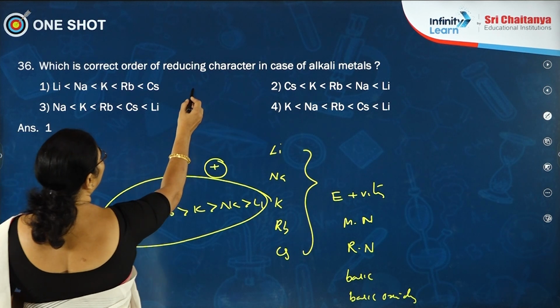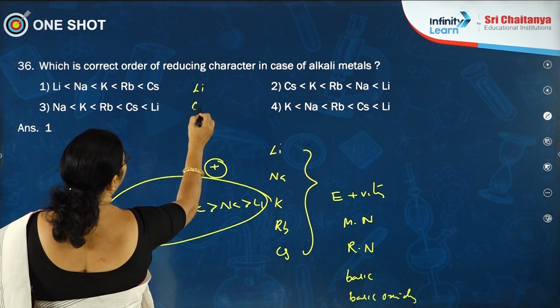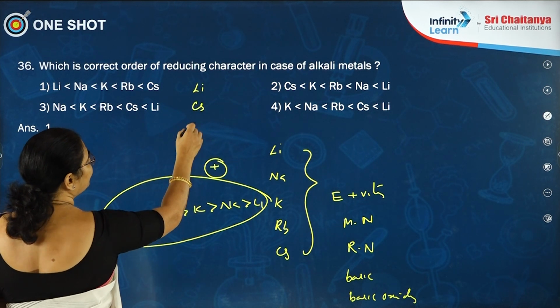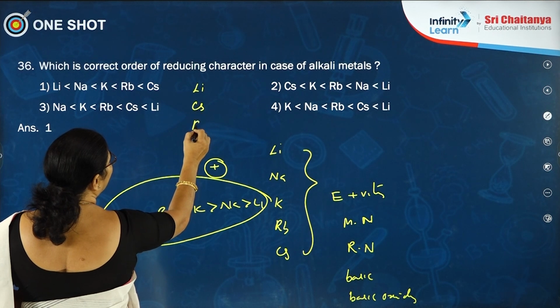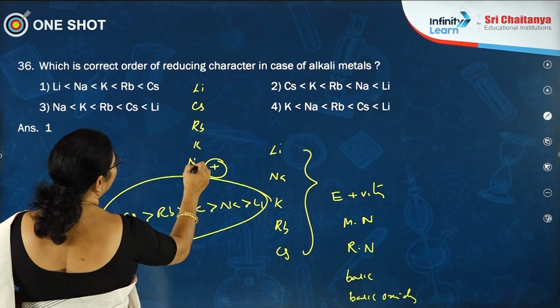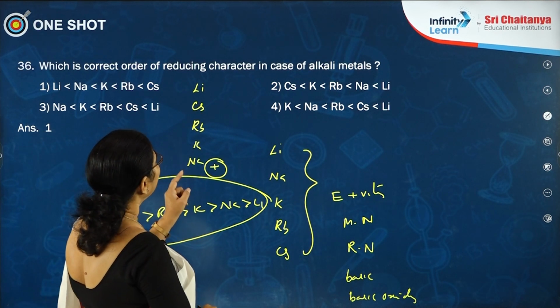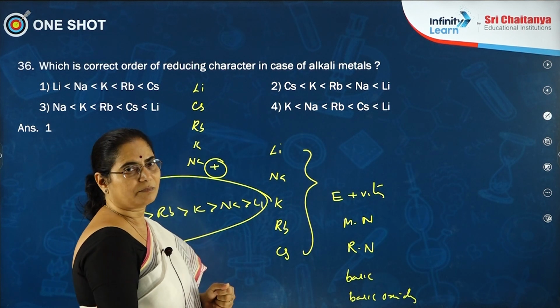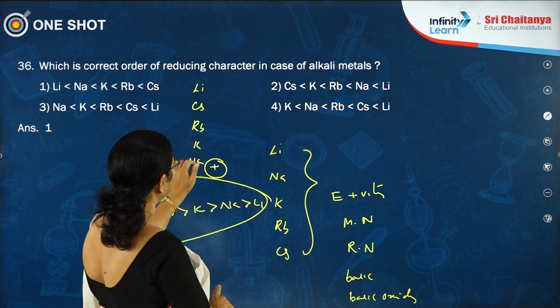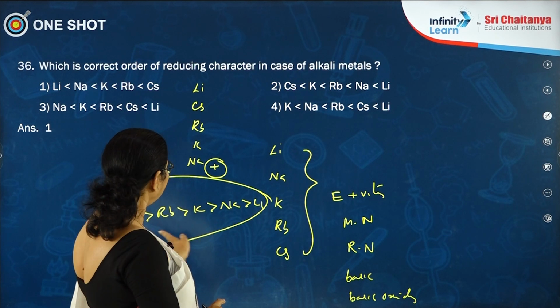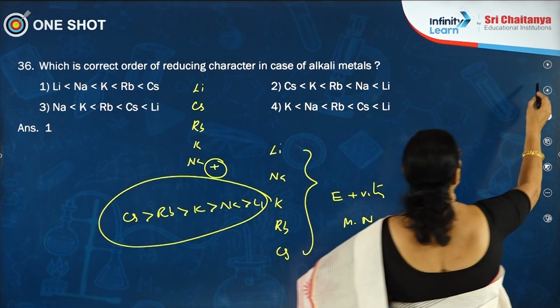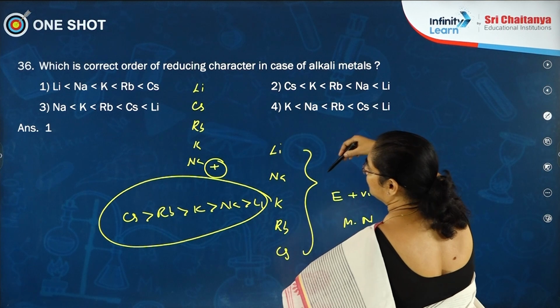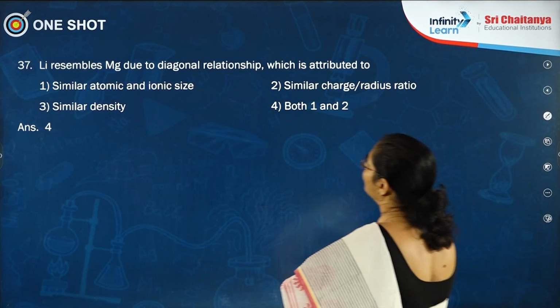As per the SRP values, lithium is followed by cesium, but among first group elements rubidium is given in between, after that rubidium, potassium, sodium. So the correct order of reducing nature is: in aqueous state lithium first, in normal state cesium first. If aqueous is given, this is the order to be followed; for the normal state, this is the order. So option 1 is correct for the given question.